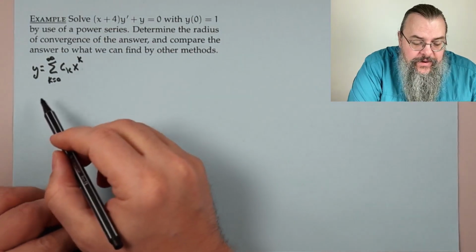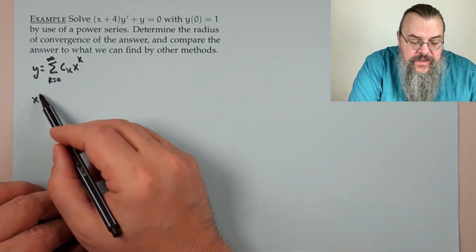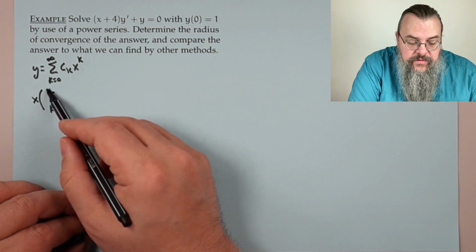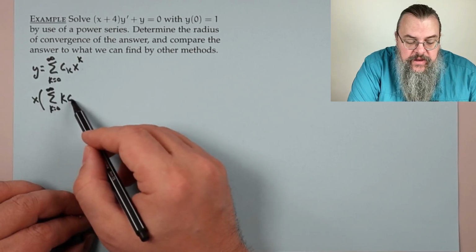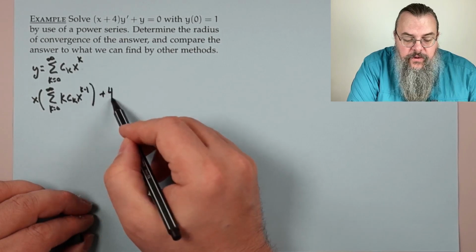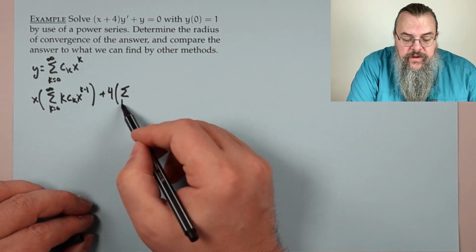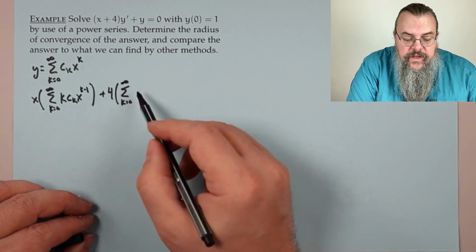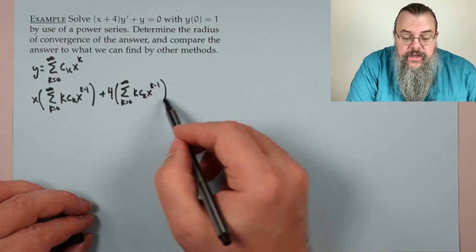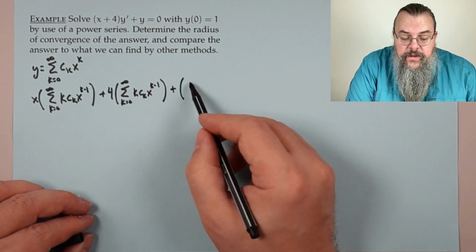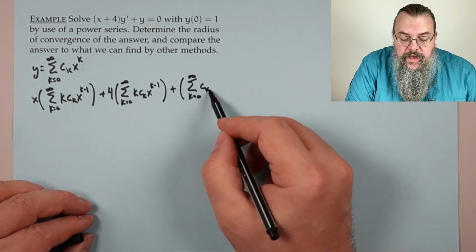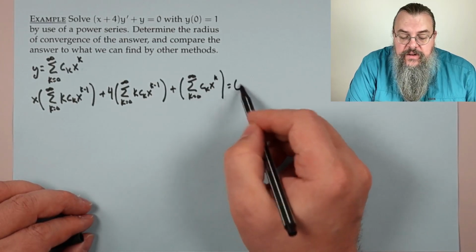So we're going to take our x y prime, so that's summation k equals 0 to infinity of k c_k x to the k minus 1, plus 4 y prime, sum k equals 0 to infinity of k c_k x to the k minus 1, plus y, which is the sum k equals 0 to infinity of c sub k x to the k, set it to 0.